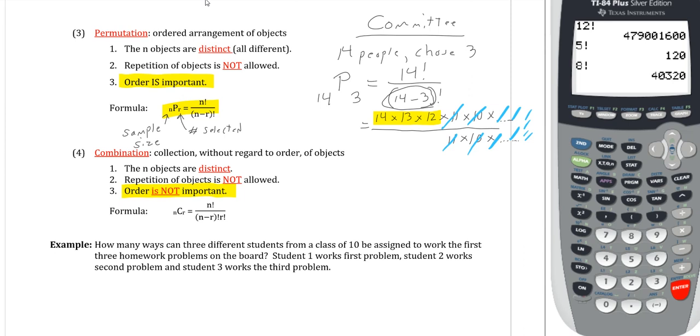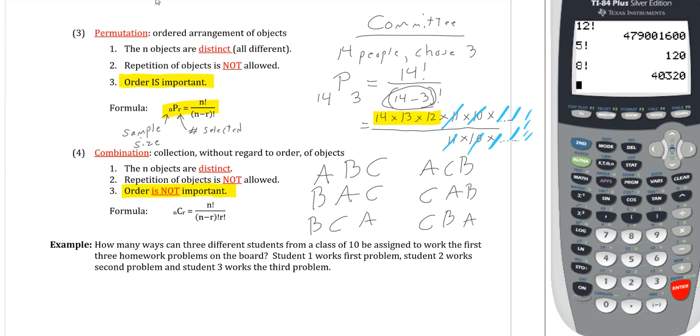In that case, we need to combine multiple different orderings that all use the same objects. For example, if I have three people A, B, C, those three people could be ordered in a lot of different ways. I could also have this as BAC, that's the same three individuals, or BCA, that's the same three individuals, or ACB, or CAB, or CBA. That's 6 different ways I could order 3 different individuals.